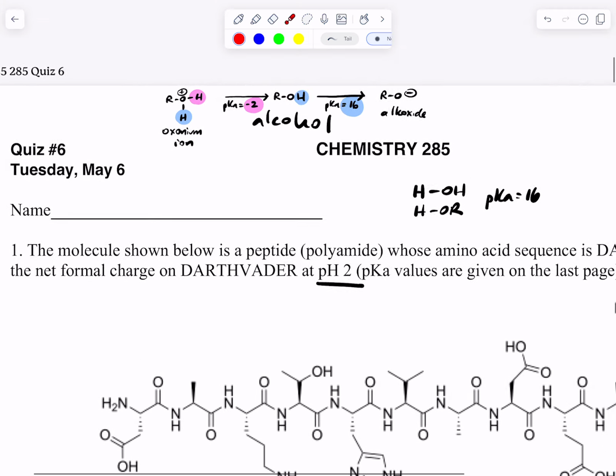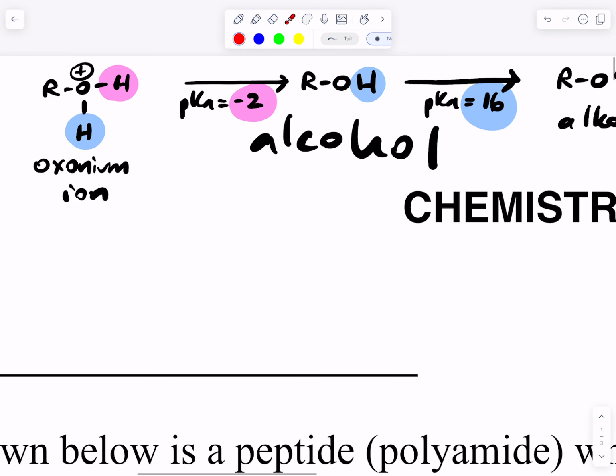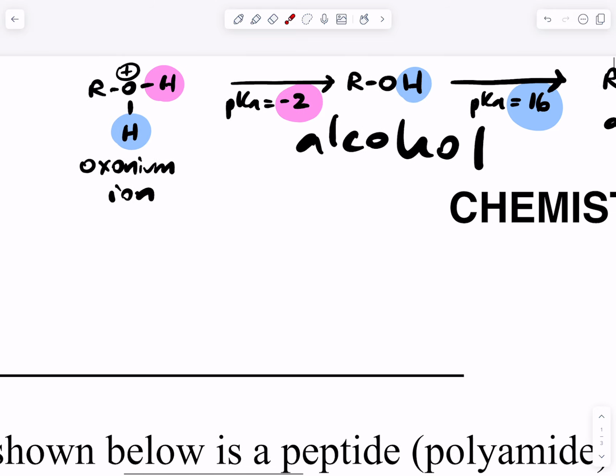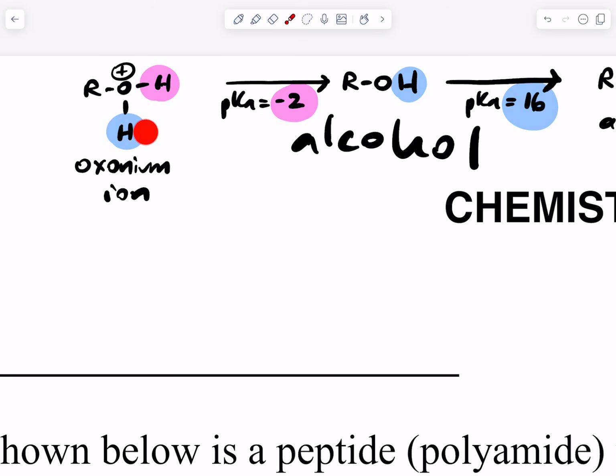So the alcohol doesn't have two pKa's. The alcohol's pKa is for losing the proton to become the negatively charged alkoxide. The oxonium ion has the pKa of -2 for losing the pink proton. So that's one thing that's easy to get mixed up. The pKa always refers to the acid form losing a proton to become the conjugate base.